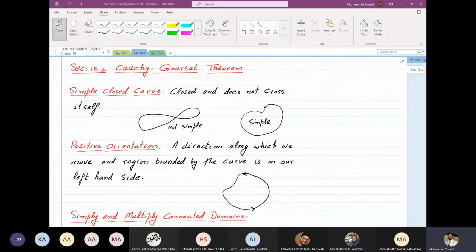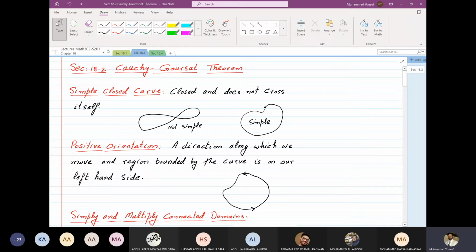It is also about integrals. But before we go for integrals, we have to learn some definitions.